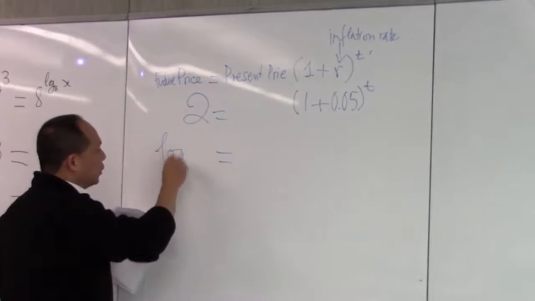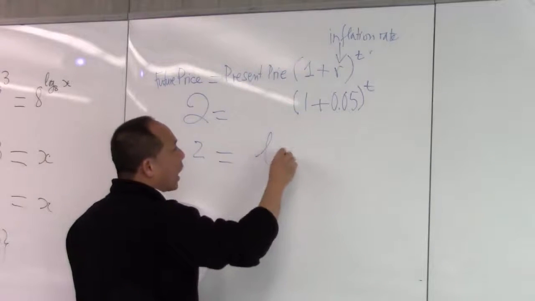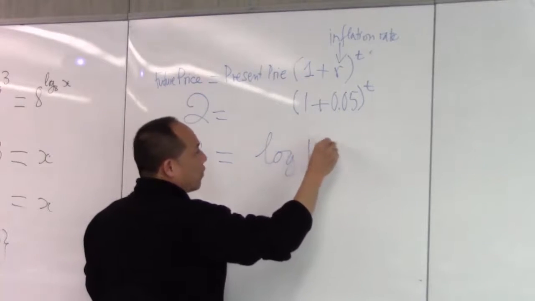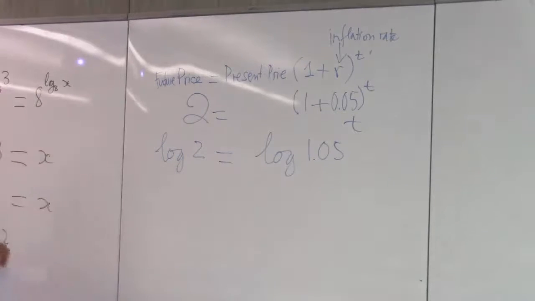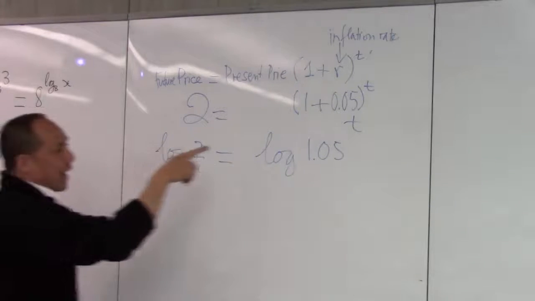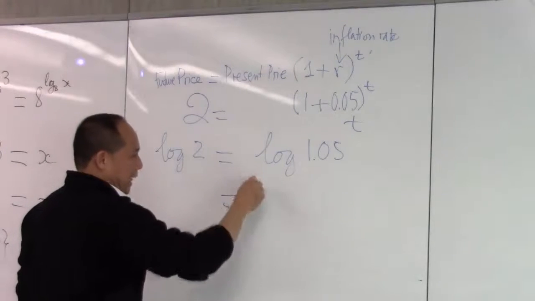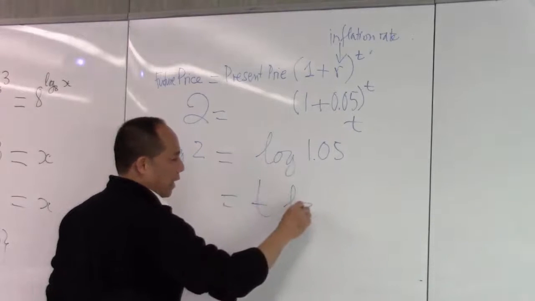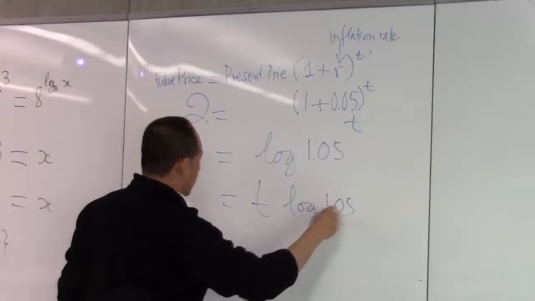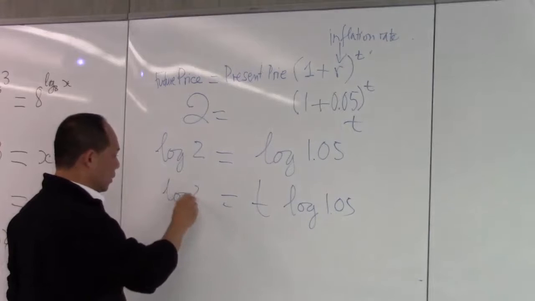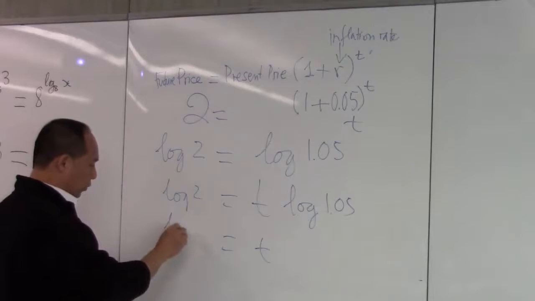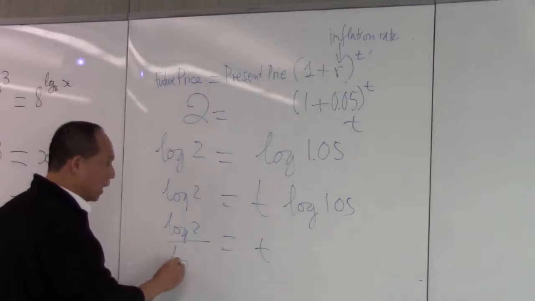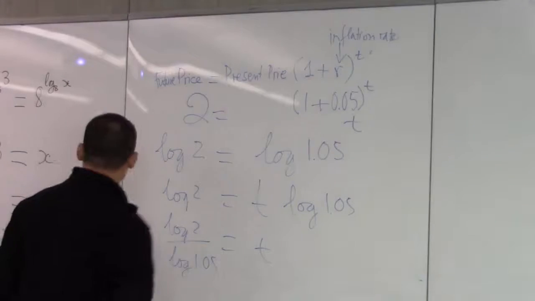So you have log 2 equal log of 1.05 to the t. You take log of both sides. And after that, you use the rule that t must move out. And so t equals log 2 divided by log of 1.05.